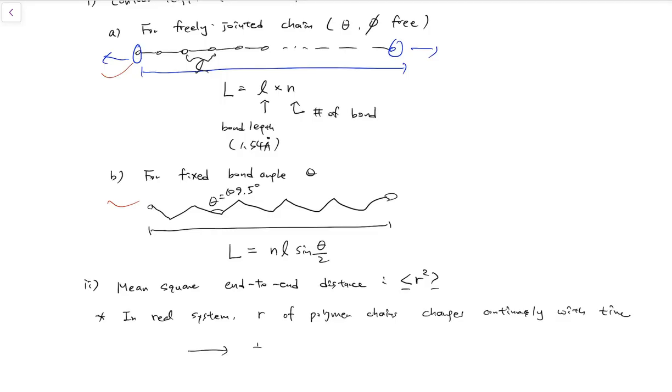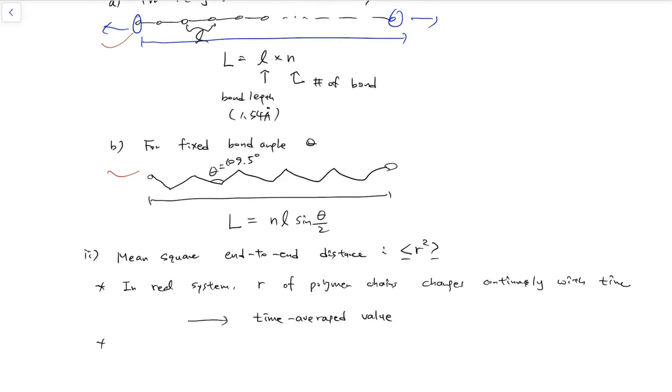So we need to take the time averaged value. Also, polymer chains have a distribution of the length, right? Many chains with different length. Okay, so we need to take the average.